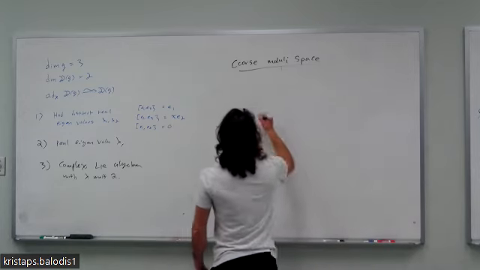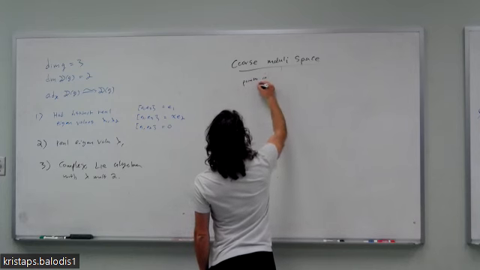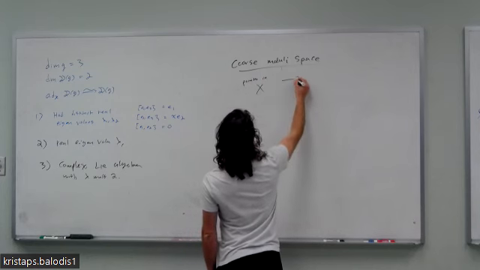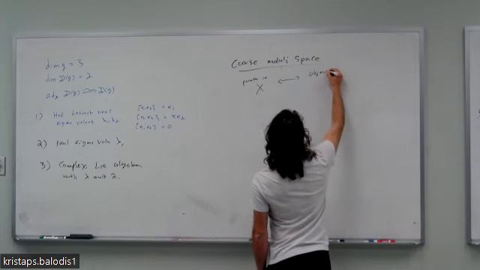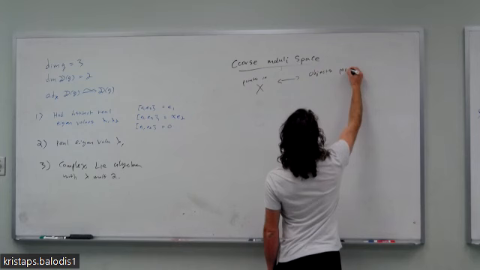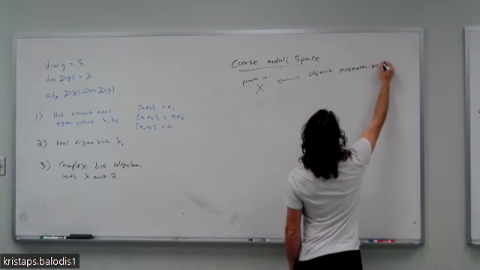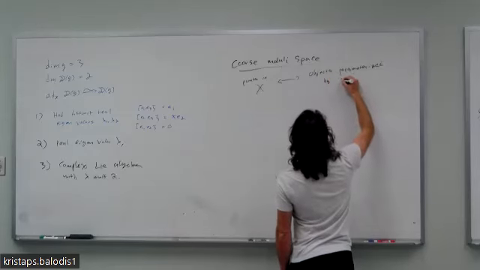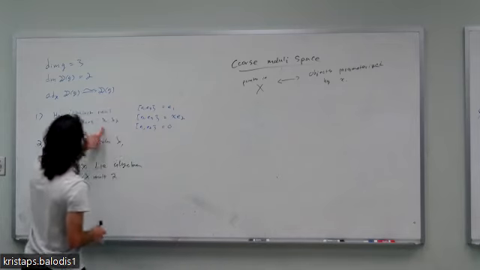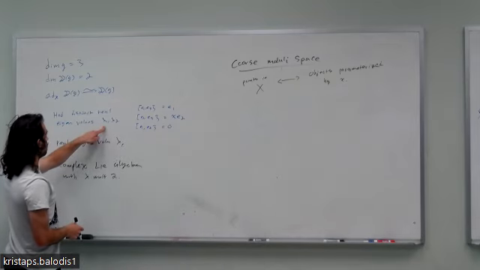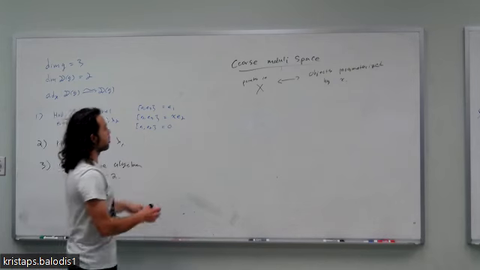So points in some geometric space X correspond to objects parameterized by this little x. For example, in this case, we found that these Lie algebras were isomorphic.